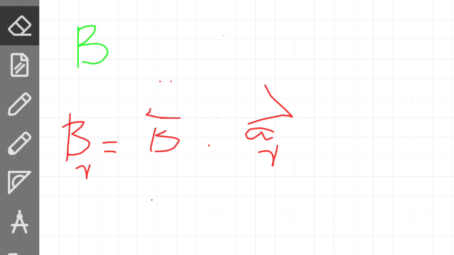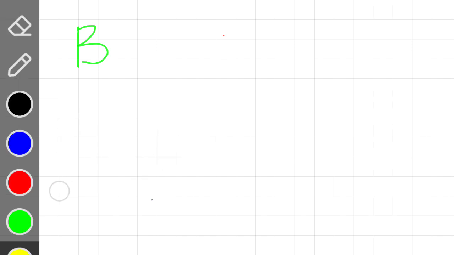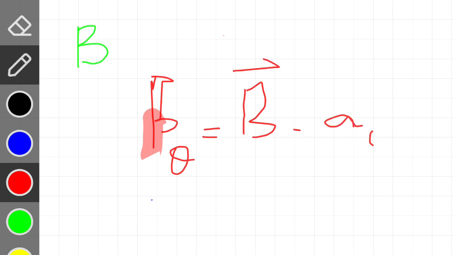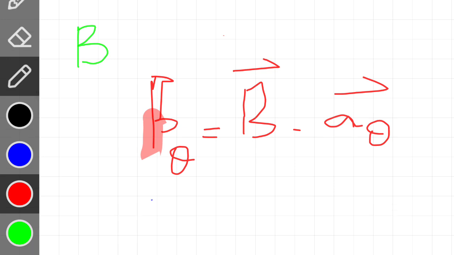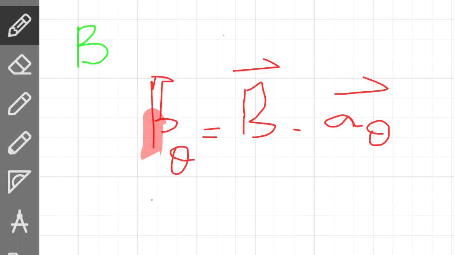Now the component of this vector along the unit vector A theta will be B theta, and B theta will be equal to B dot A theta.